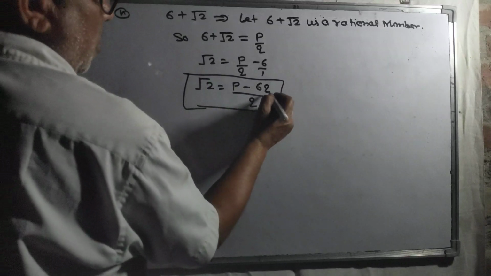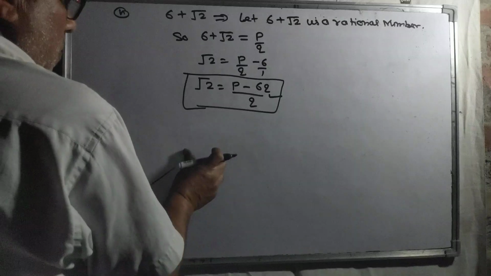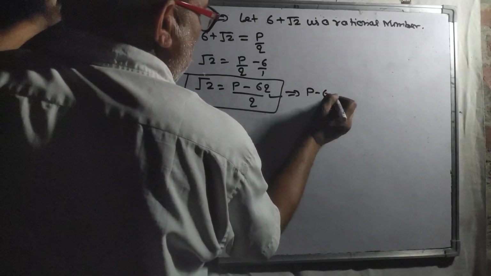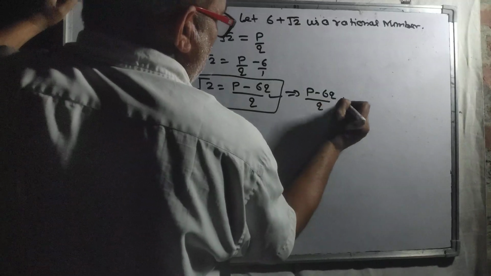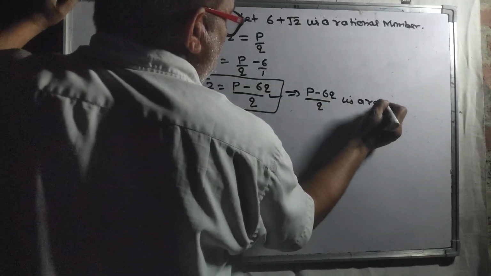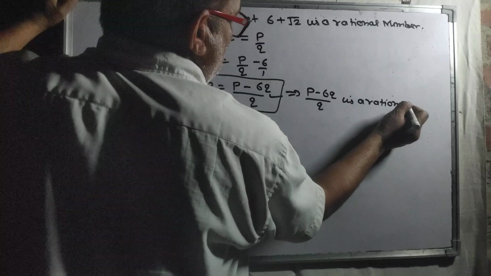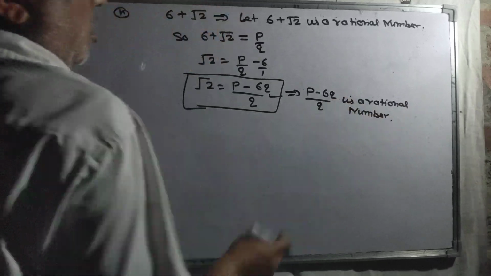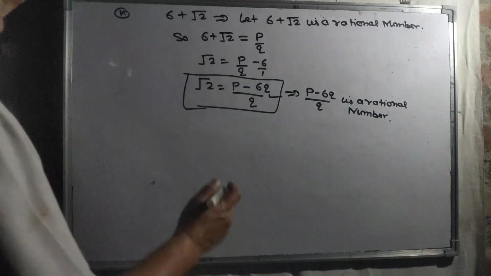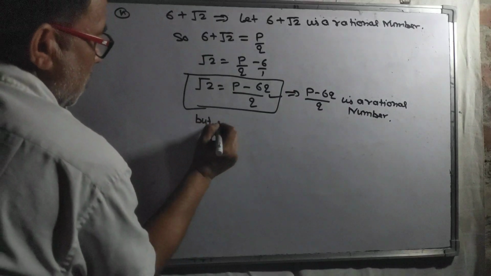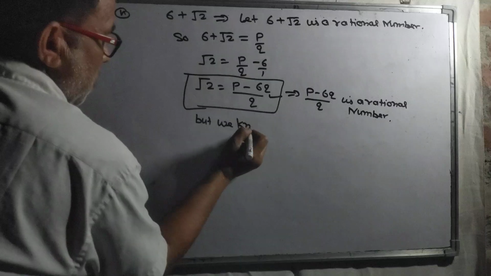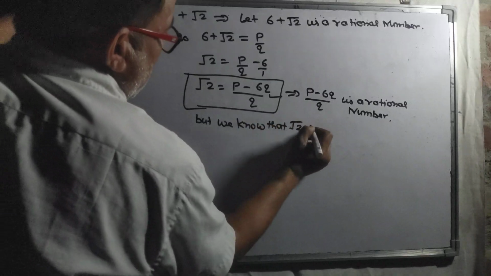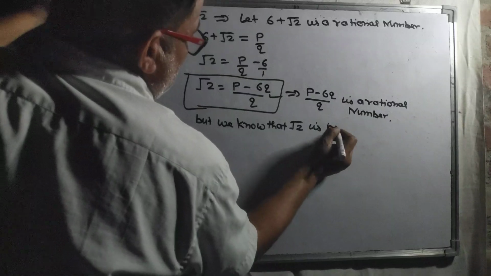Condition yes, p by q form, meaning (p minus 6q) upon q is a rational number, but we know that root 2 is irrational.